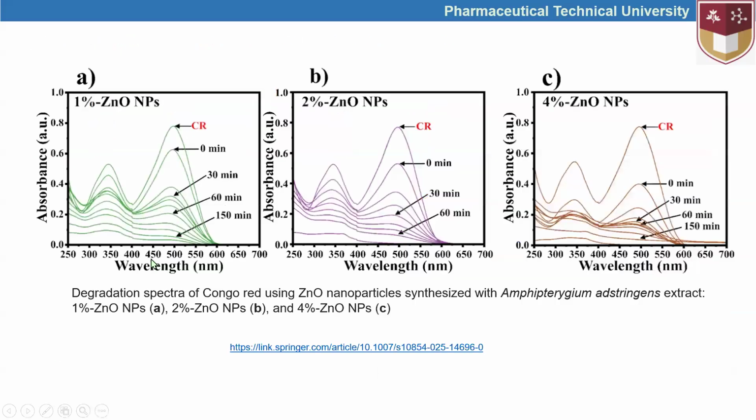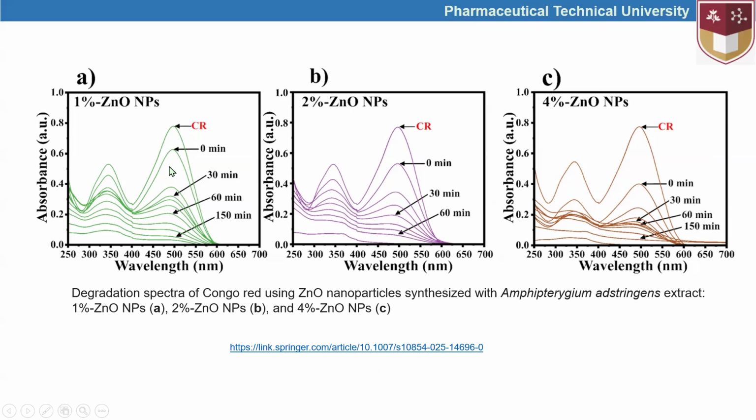Okay, next. This is about the degradation spectra of Congo red. This is a compound that is used to make compounds visible, to paint them.